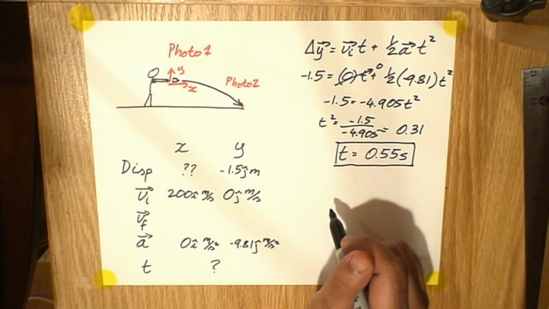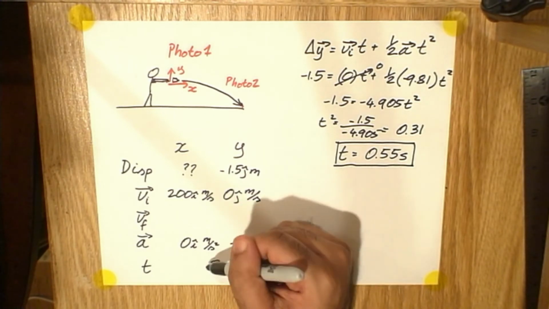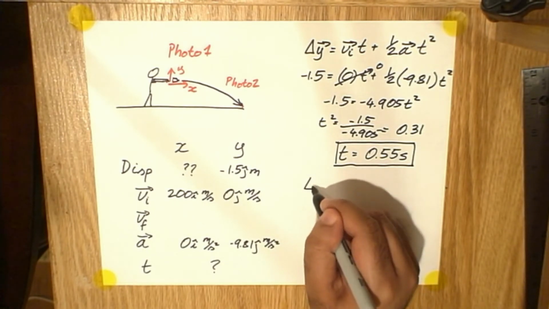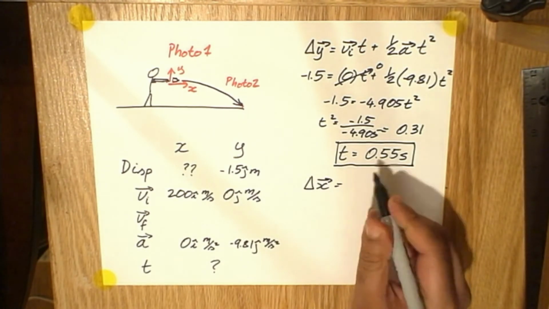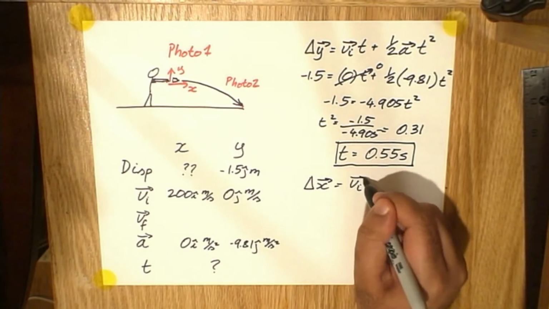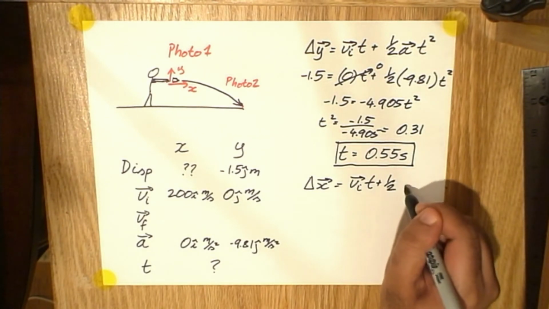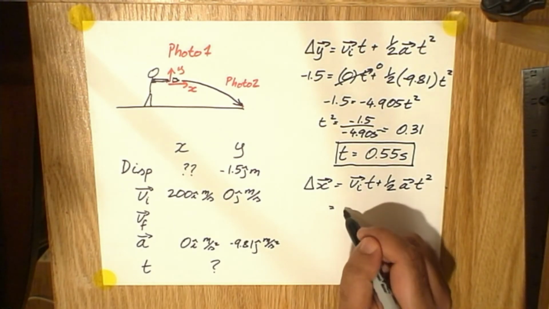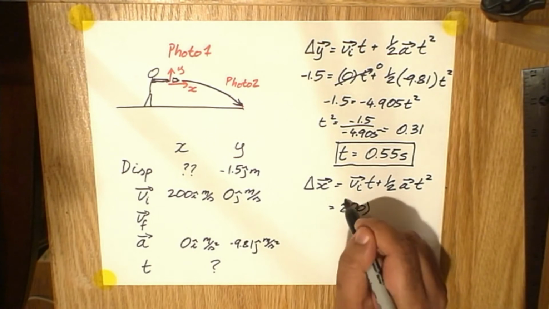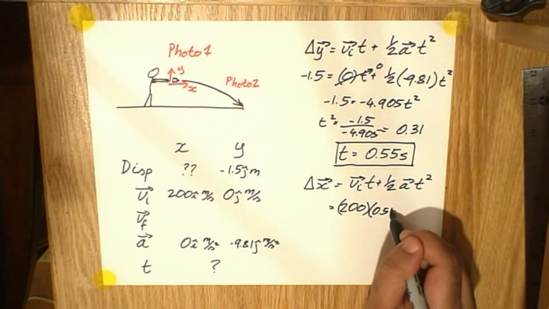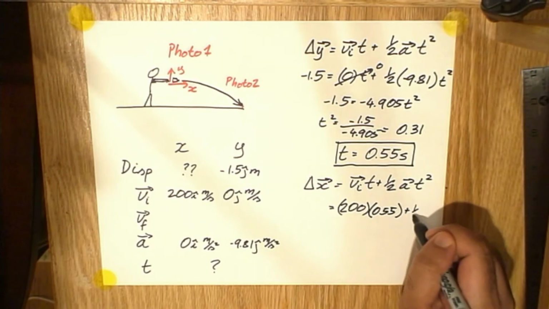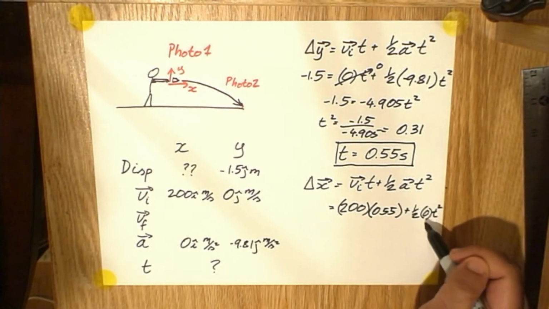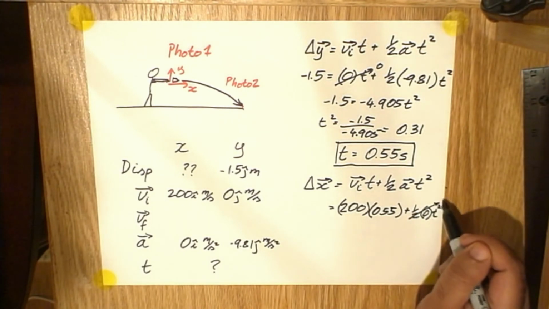What about the displacement? Well, we know the time, we know the acceleration, we know the initial velocity, we're looking for the displacement. So delta x is equal to v initial times time plus 1/2 acceleration times time squared. So delta x is equal to v0, that's 200, times the time, which was 0.55, plus 1/2 times acceleration, 0, times time squared. But an acceleration of 0 is going to cancel out this entire term.